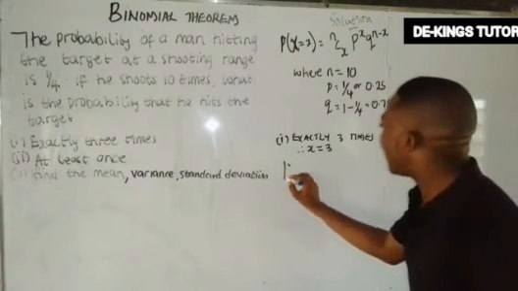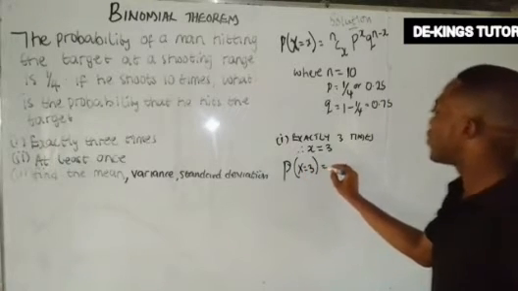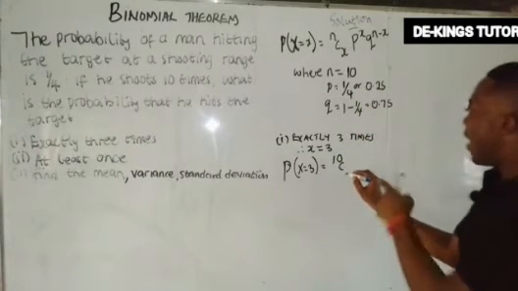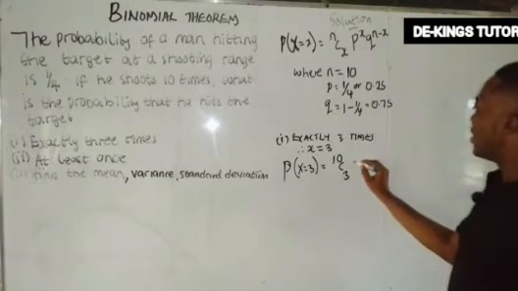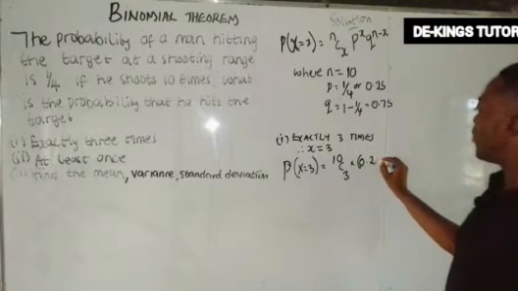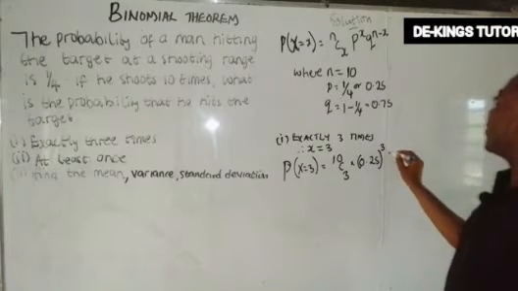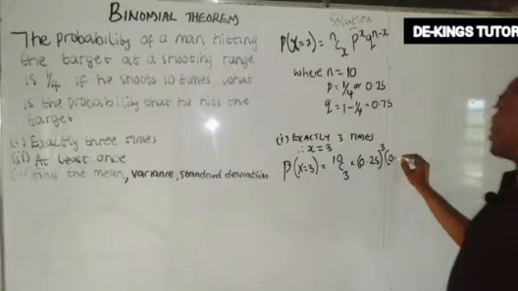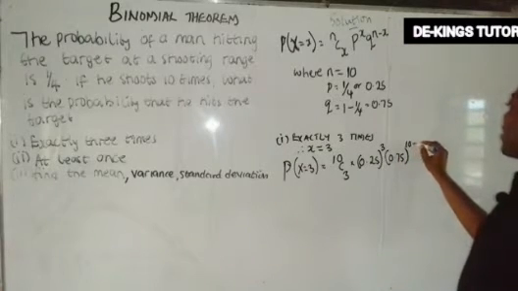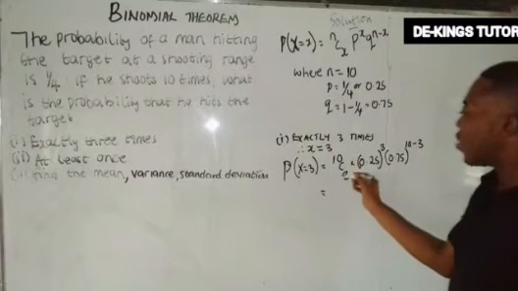So the probability of X equal 3 equals 10 combination 3, times our p, 0.25, to the power of 3, times our q, 0.75, to the power of 10 minus 3.